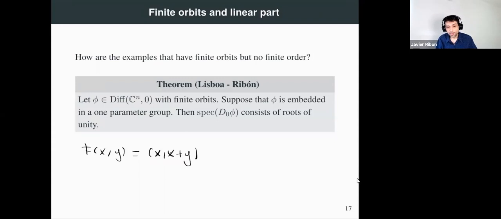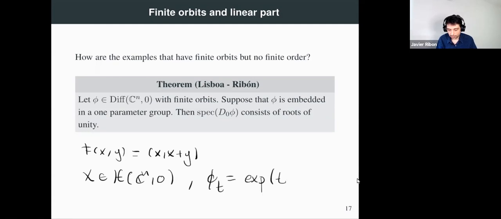Okay, and we try to find new examples. And the first thing that you try to do is considering the simpler situations. So we consider a local biholomorphism that is embedded in a one-parameter group. So essentially, you have a complex analytic vector field defined in a neighborhood of the origin in Cn, and you consider its time t map.